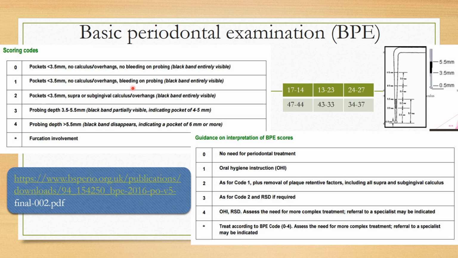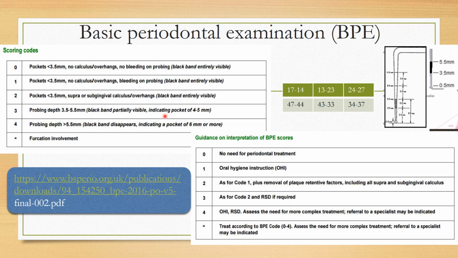Score 2 is with calculus or overhangs. The black band is entirely visible for 0, 1, 2. Whereas for 3, the probing depth will be between 3.5 and 5.5.